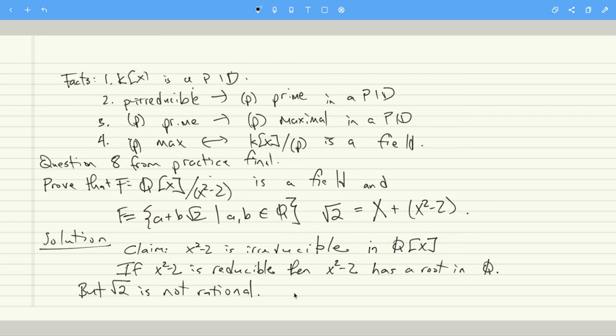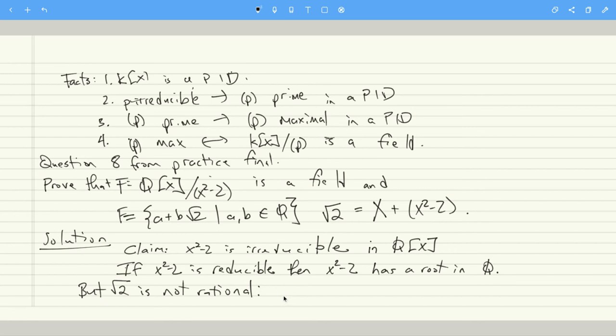If you don't remember, I'll remind you how you show it's not rational. In an exam situation, you would just say we know the square root of 2 is not rational. I don't expect you to go through this argument, but I'm doing this in case you forgot.